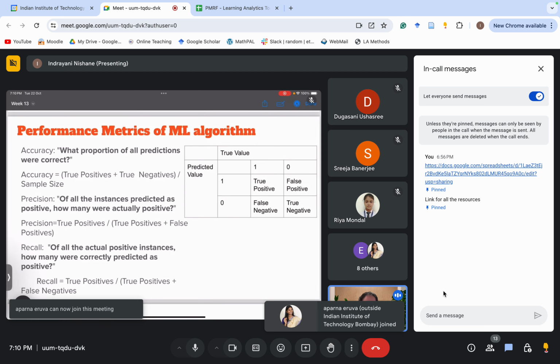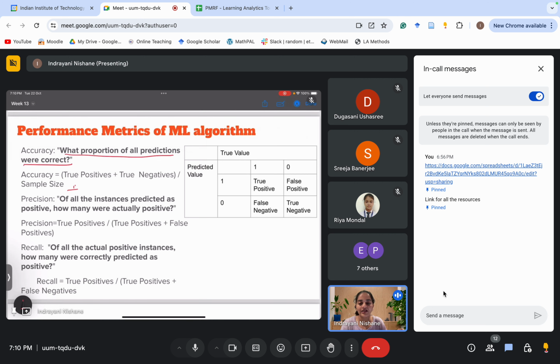So here is the list of formulae for you to refer to. In order to better memorize or understand these formulas, I have given a rough definition in easy to understand language. What is accuracy? In simple words, accuracy is what proportion of all the predictions of that algorithm are correct. That is accuracy, how accurate our predictive algorithm is.